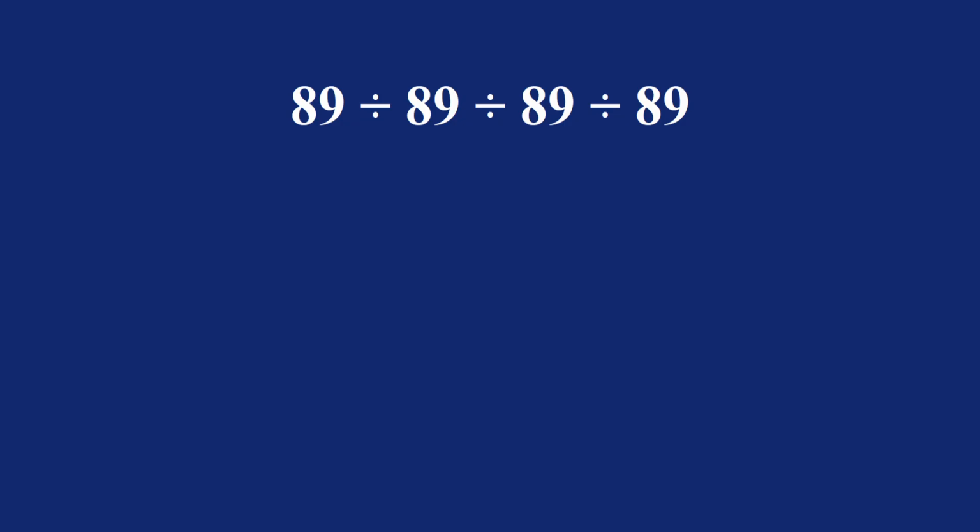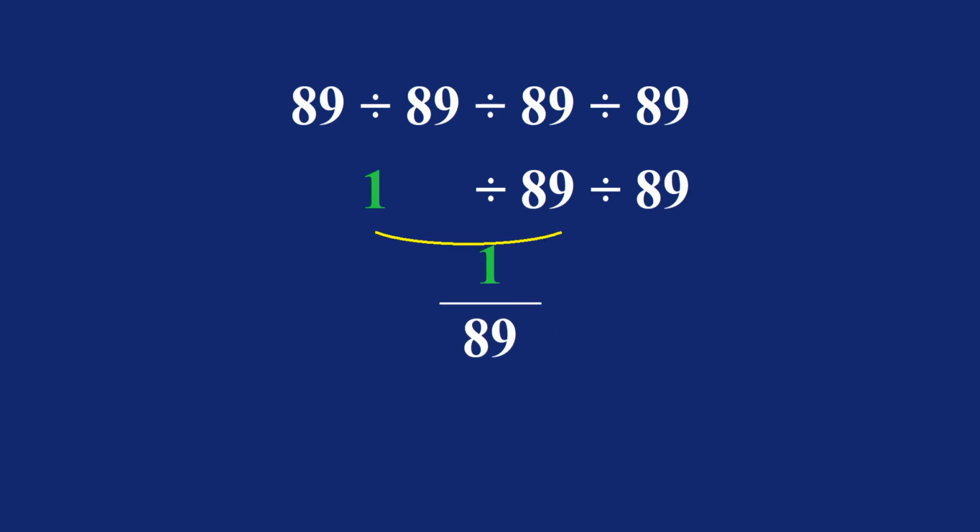So we have first this division, 89 divided by 89 equals 1. So we have 1 divided by 89 divided by 89, and we can write this part as 1 over 89 divided by 89.